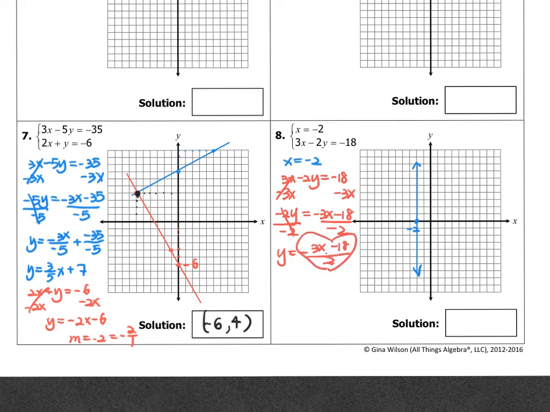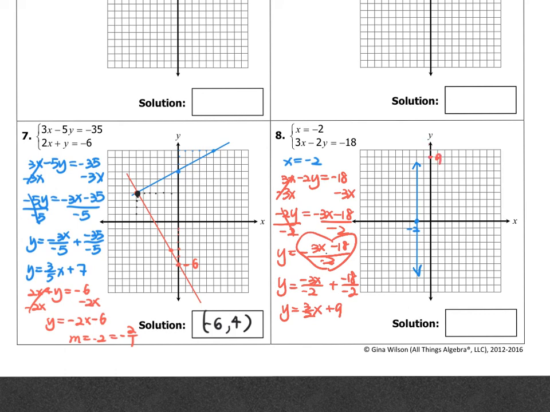Remember, this is where I split the heart. Make sure you carry all the negative signs. Do not drop it, like I sometimes do, bad habit. Double negative now makes a positive 3 over 2x. Negative 18 divided by negative 2 is positive 9. So positive 9 is my b, my y-intercept.